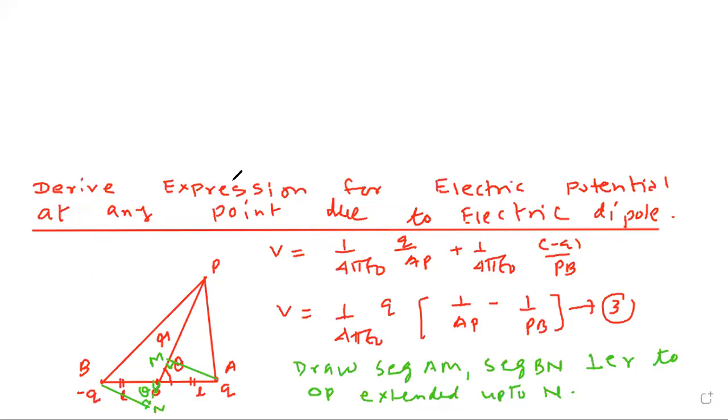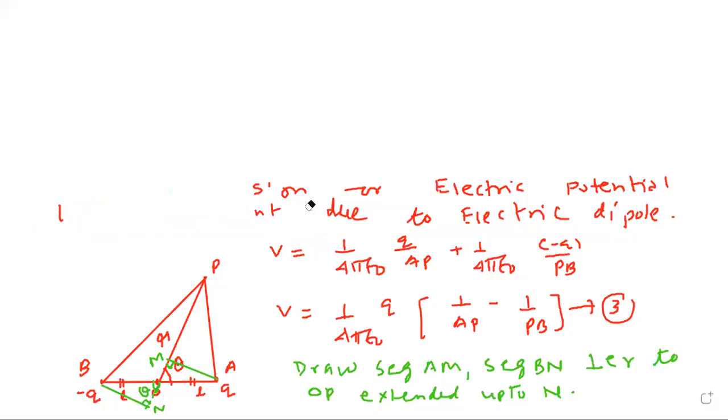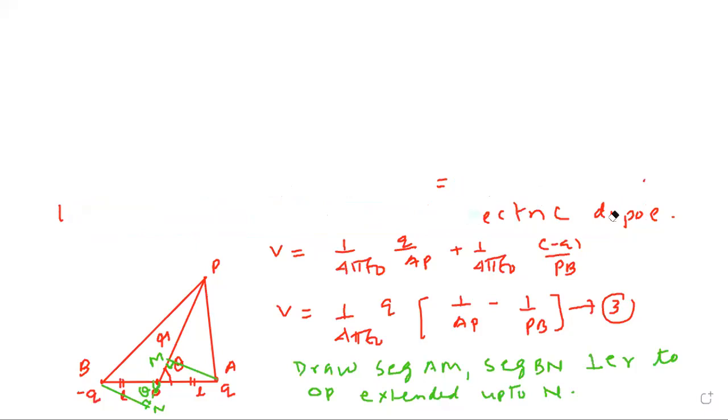See, we are saying P is a point at a distance R. Actually, this dipole is very small as compared to the distance. Like if this is a very small dipole, then the point is at a very large distance.